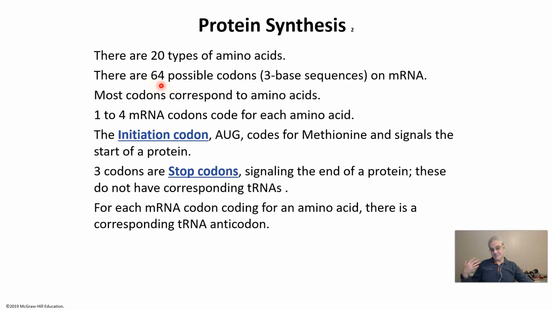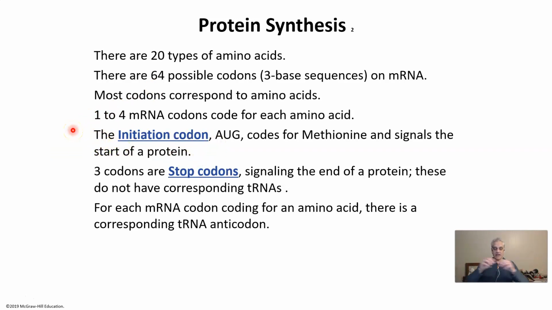Well, you don't have 64 amino acids. So it turns out that most of the codons code for a similar or the same amino acid. Different codons can code for the same amino acid. The math just works out that way.